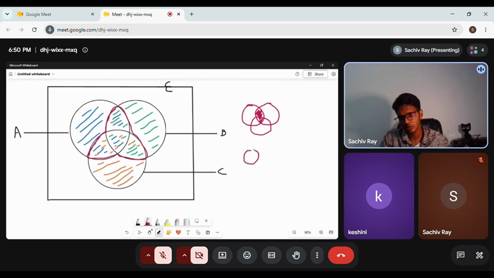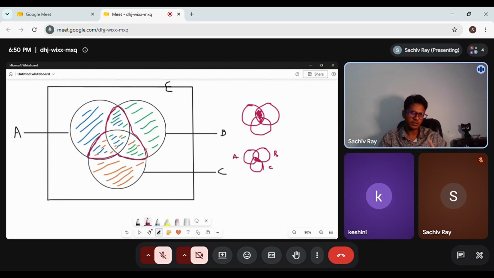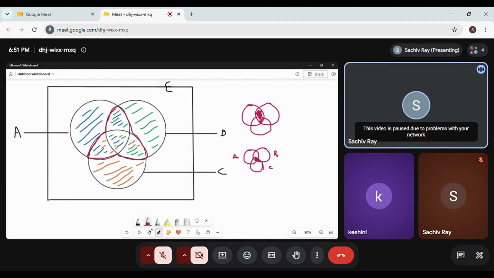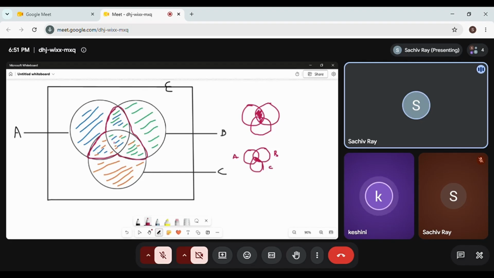Now, if I were to draw it like this and color it like this, this part would be B intersection C. The same thing goes to the other side as well: A and C, this part would be A intersection C. So those are three different things. What do we have to do when we have to merge three different sets? We put a union mark, right?